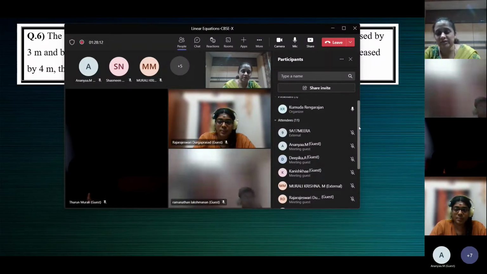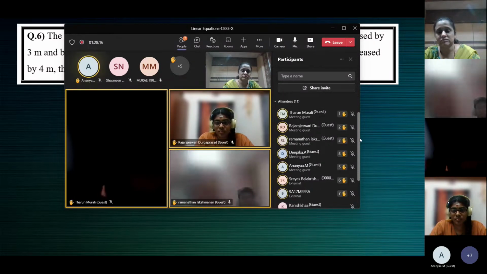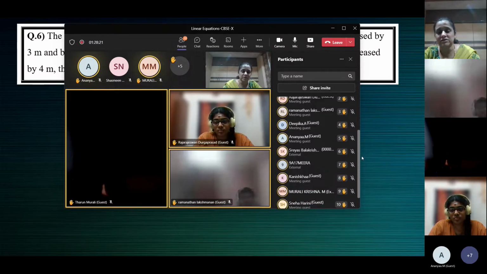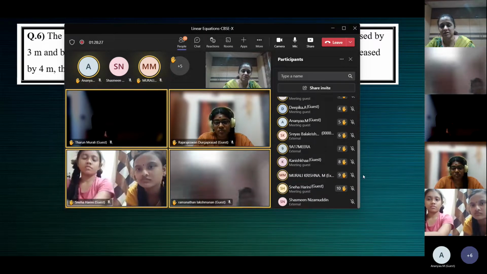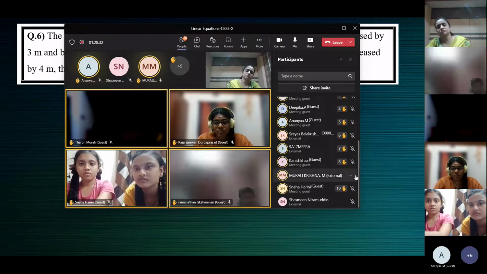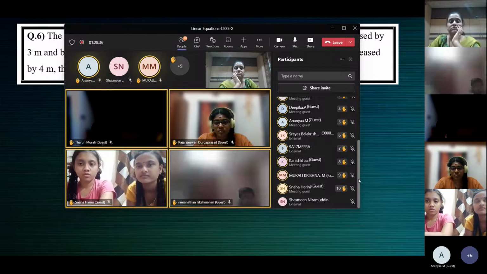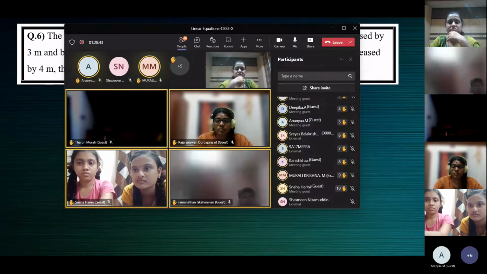Class, use the emoji. Raise your hand. Taran Murali, Raja Rajeshwari, Ramanathan, Deepika, Ananya, Shreyas, Meera, Kanishka, Murali Krishna, Sneha, Harini, Sashmin.